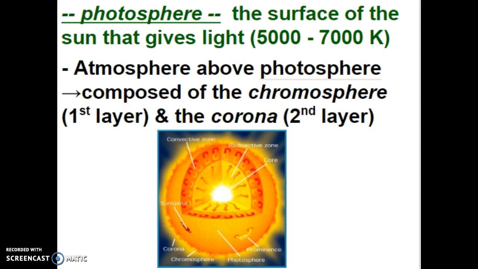So this is the surface of the sun that actually gives light, and it's around 5,000 to 7,000 degrees Kelvin. Even though the sun is not a planet, it does have an atmosphere. The atmosphere above the photosphere is composed of 2 layers. The first is called the chromosphere, and the second layer is called the corona. And the corona is what we observe during a total solar eclipse.